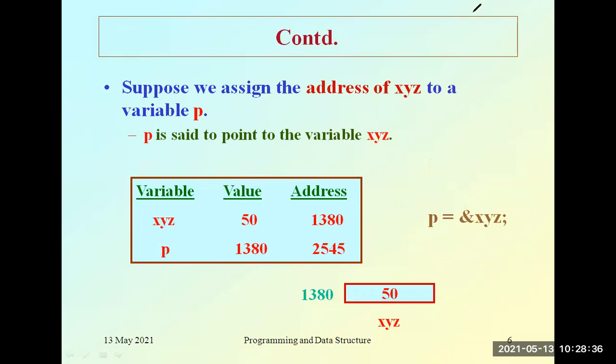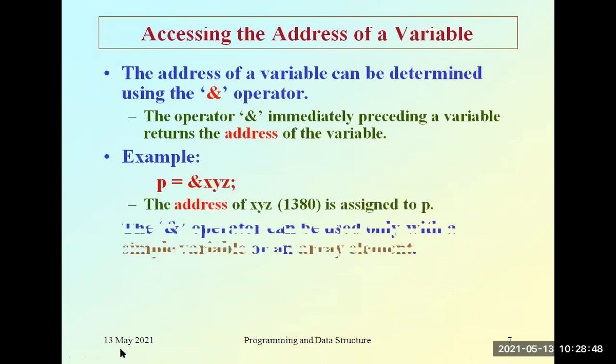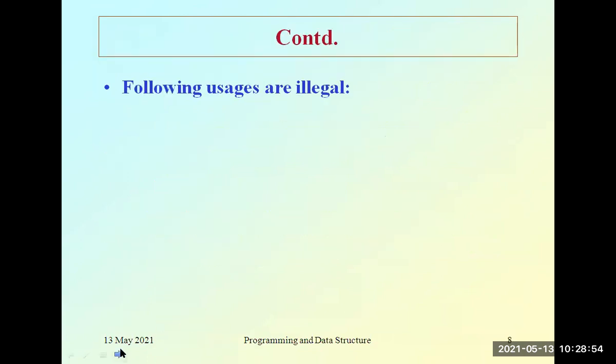You already studied this in C language. I am just repeating the concept here. So the address is assigned to P. Ampersand can be used only with a simple variable or array variable, as I already told you.